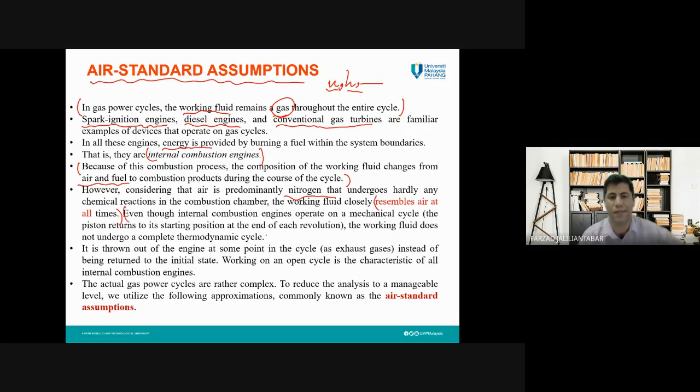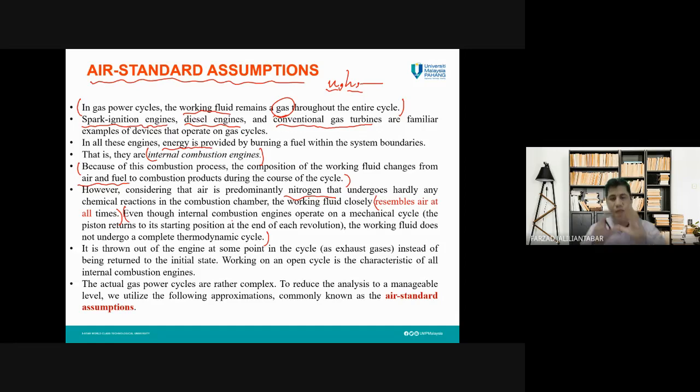However, in the internal combustion cycle, later I will show you, it is different. For a cycle, we assume that the system undergoes some different processes, then it will go back to its initial state. But for a combustion cycle, it is not like that.